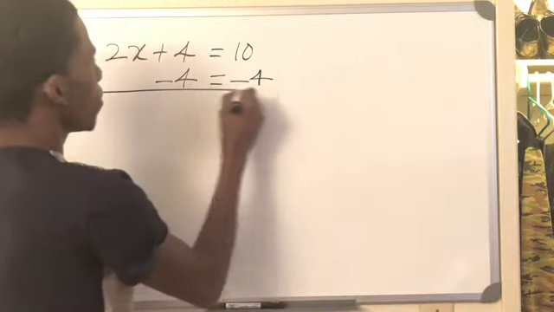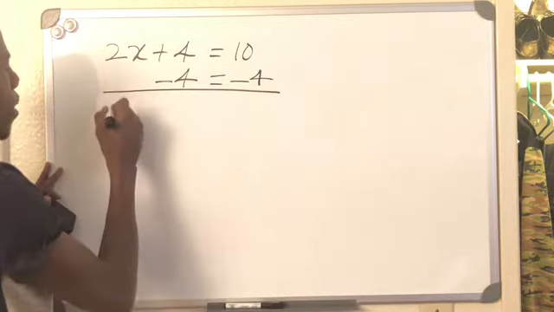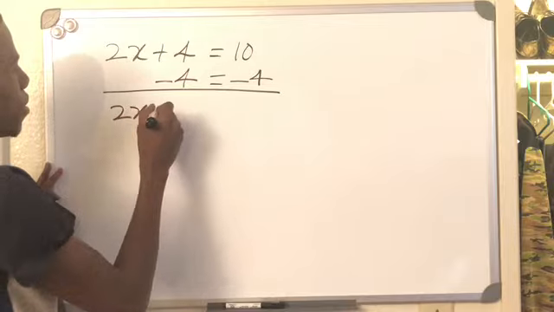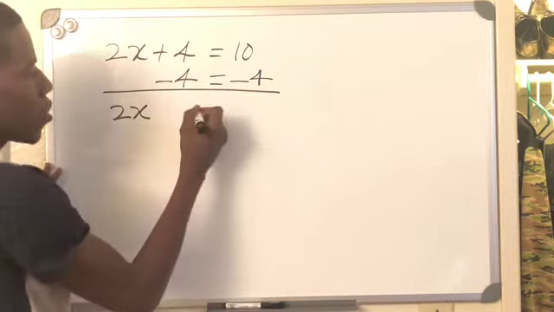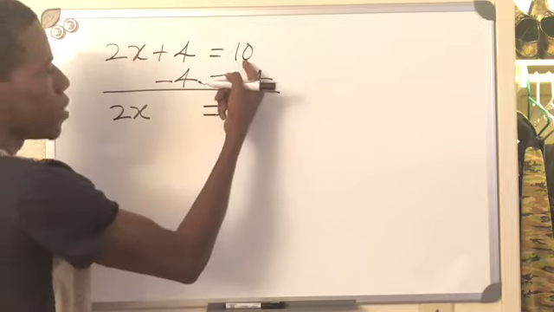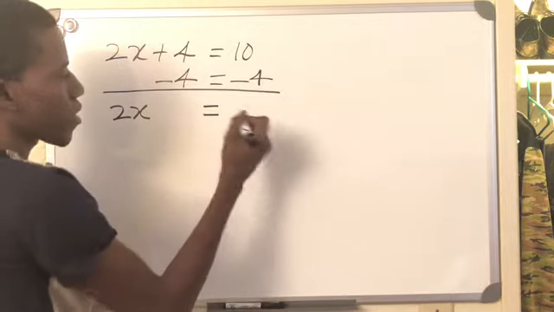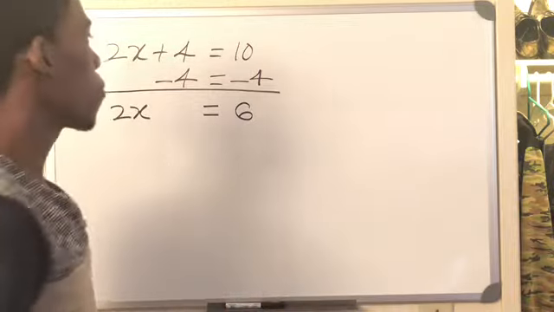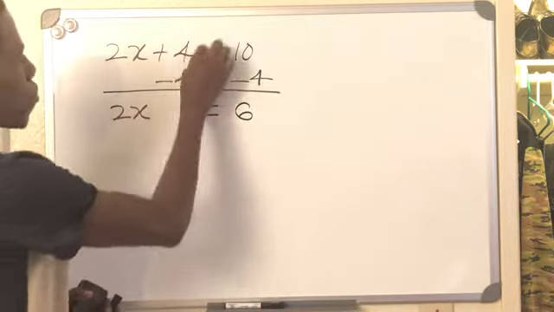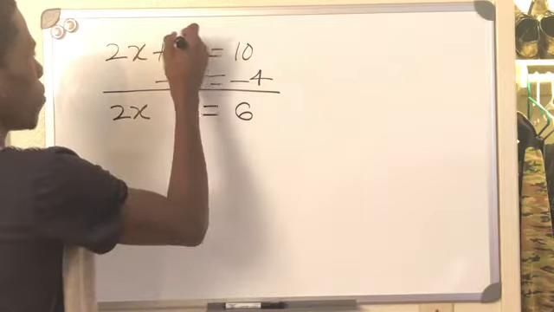So now what do you get? 2x, I didn't do anything on this side. Plus 4 minus 4, that's 0. Equal. 10 minus 4 is 6. That's the first step. So now I get rid of this plus 4 right here.